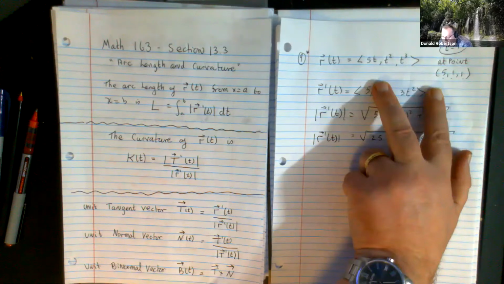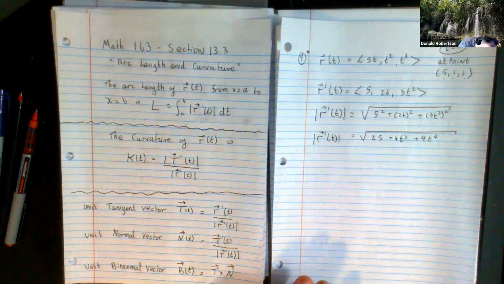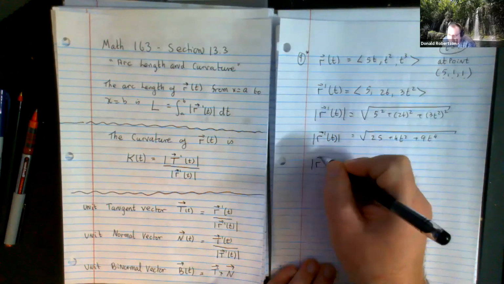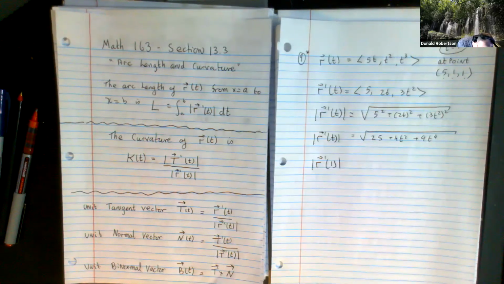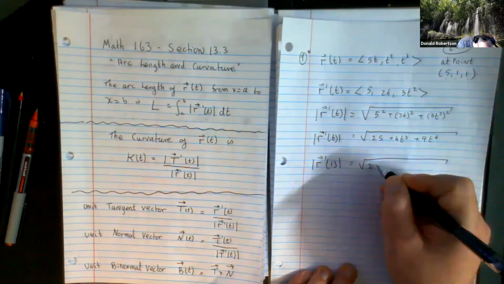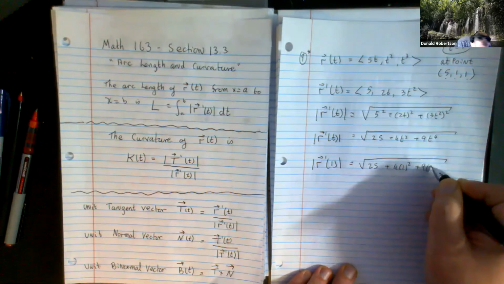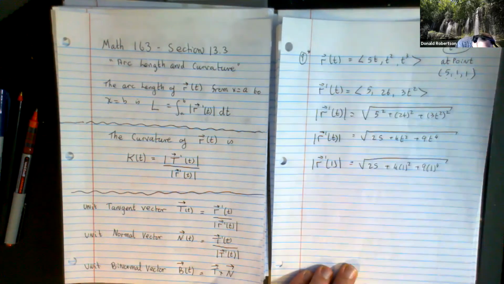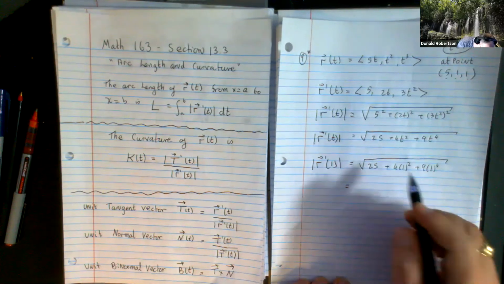There are different ways of getting it, but you got 1, right? So we are only interested in the value at 1. That is going to be the square root of 25 plus 4 lots of 1 squared plus 1 lots of 9 to the 4, which is 4 and 9, 13, is the square root of 38.